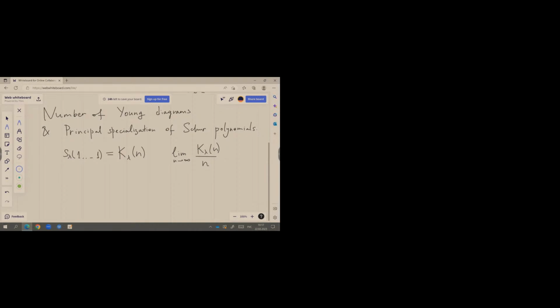It grows as n to the power of the number of boxes in lambda, and we even found a constant in front of n to the power of the number of boxes in lambda, and this constant was K lambda divided by lambda factorial, where K lambda is the number of standard Young tableaux of shape lambda, just without any n at all. Okay, right.